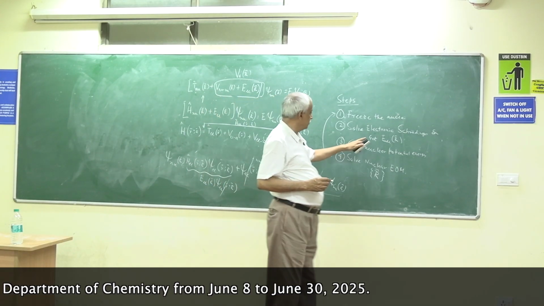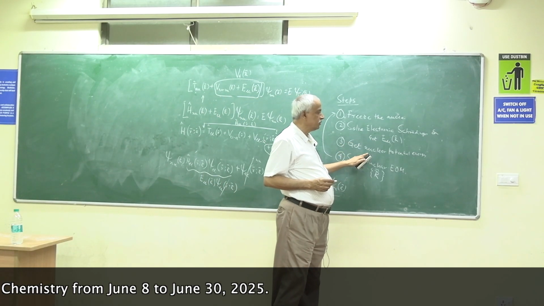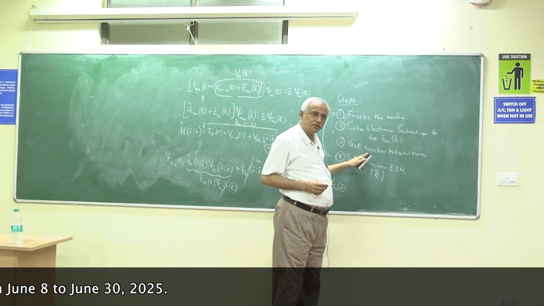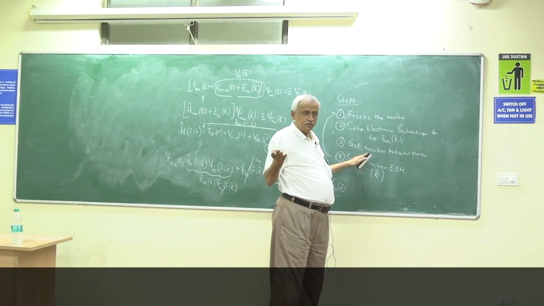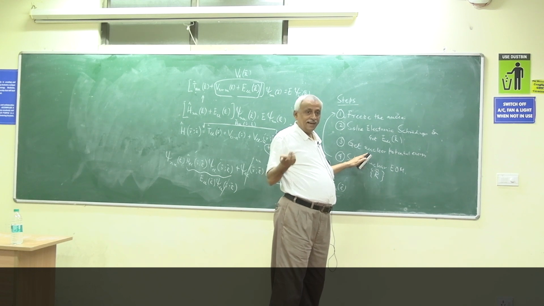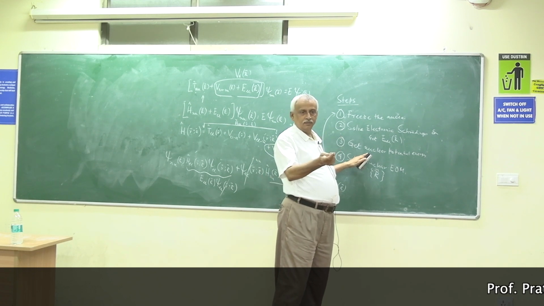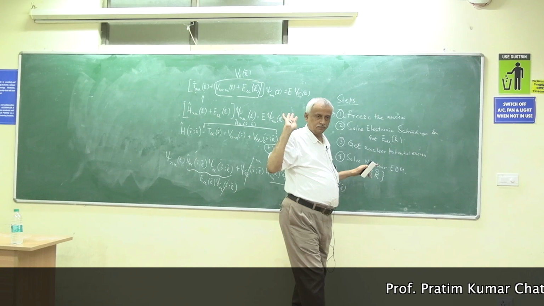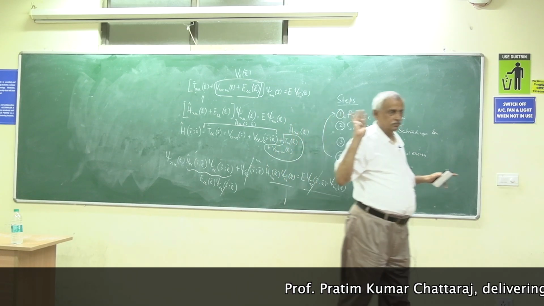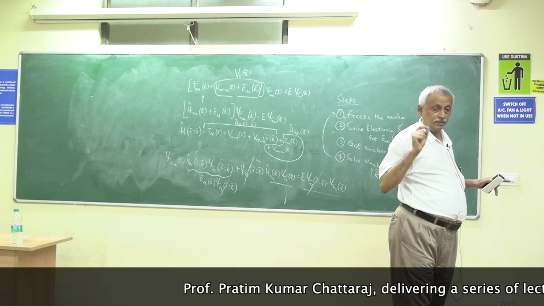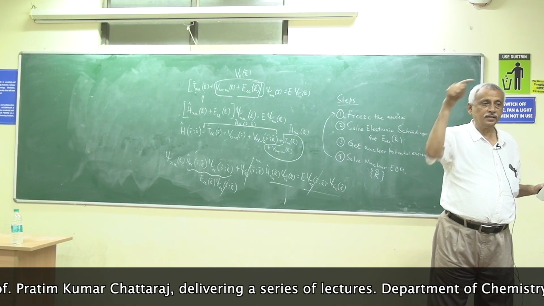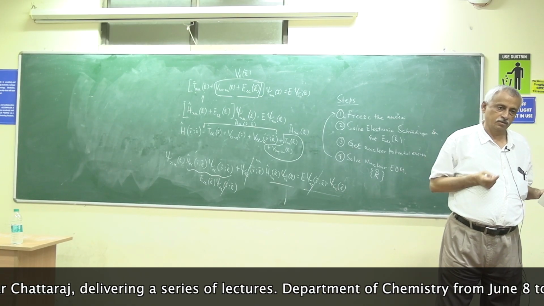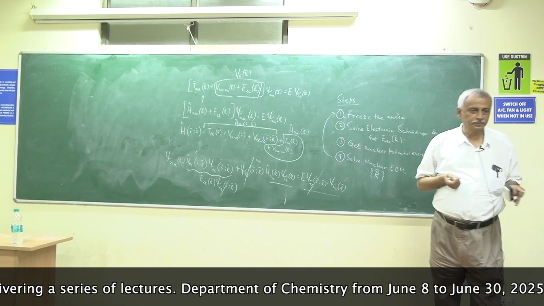After you get the electronic energy, how do you get the nuclear potential energy? With that frozen nuclear framework, you can immediately calculate the nuclear repulsion. Add this electronic energy, and what you get is your nuclear potential energy. Okay. So you can see that when you try to get the nuclear potential energy, the electronic energy is a very important component that comes through the solution of the electronic Schrodinger equation. Okay.